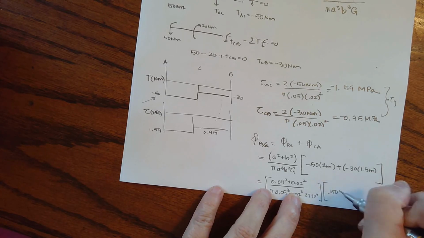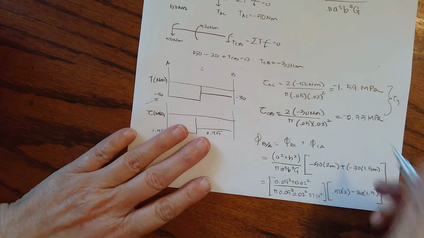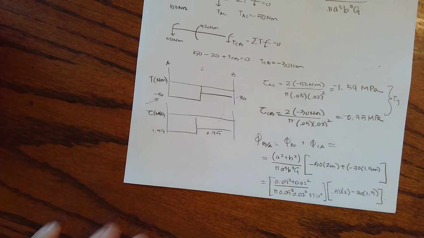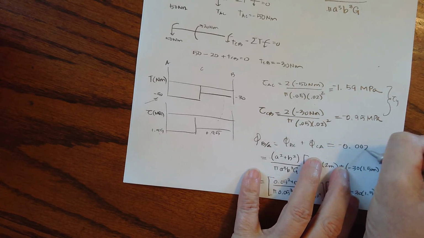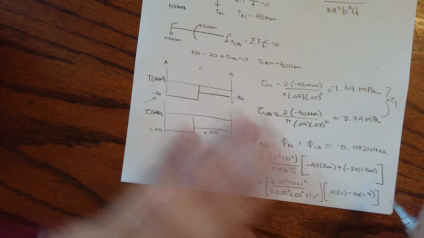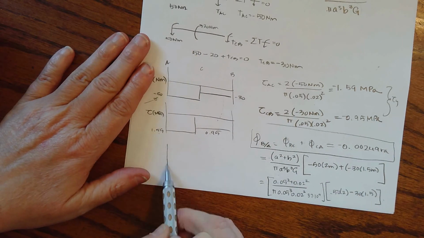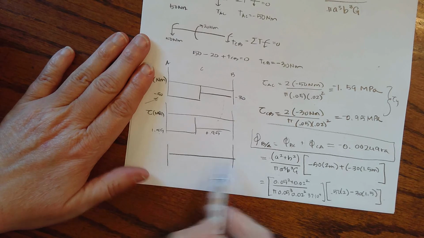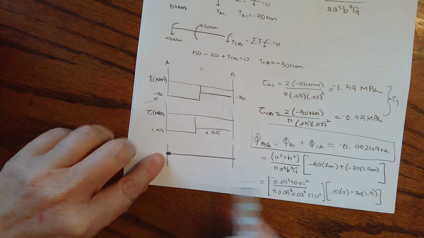Negative 50 times 2 minus 30 times 1.5. And I'm going to get then that my angle of twist from B to A is negative 0.00249 radians.